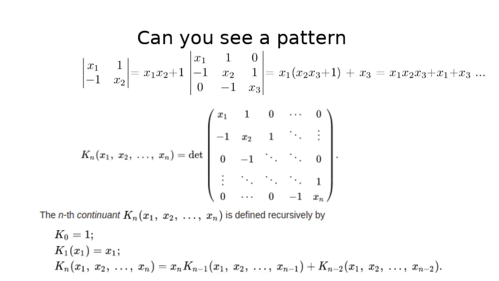The nth continuant is defined recursively by this formula. If you expand down the first row, you can build this relation and prove it. It's not so difficult, and I urge you, when you get a chance and if you're interested, to try to prove that relation.